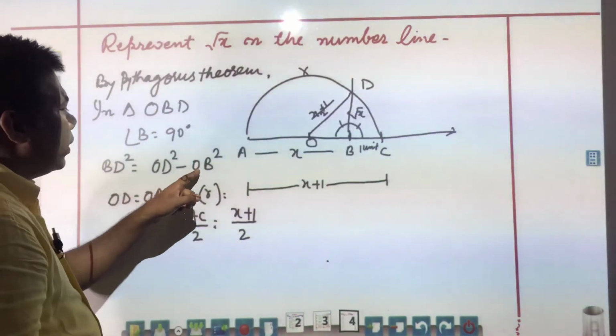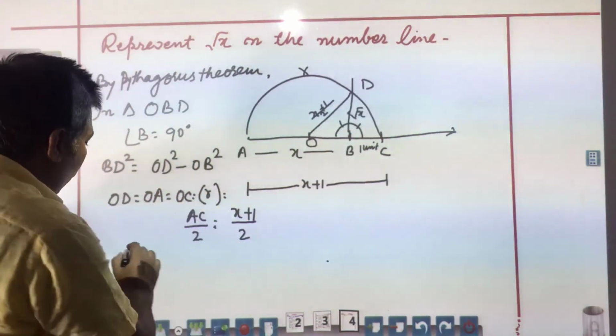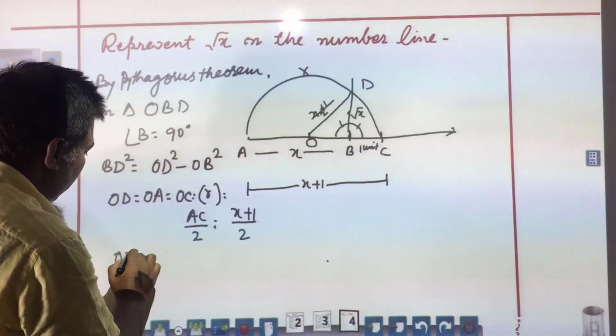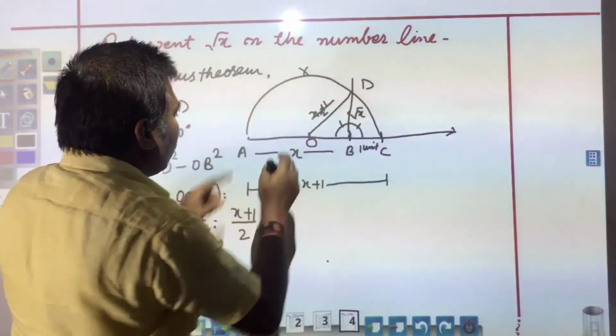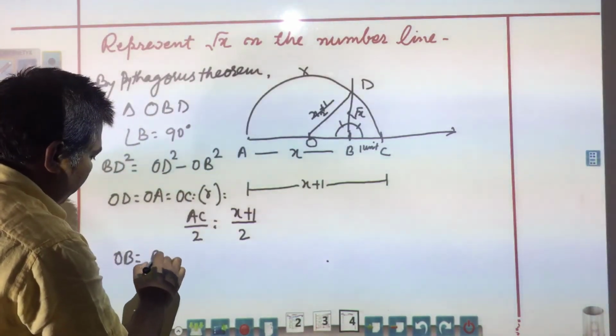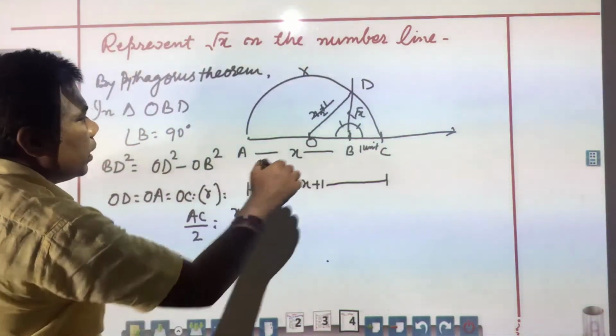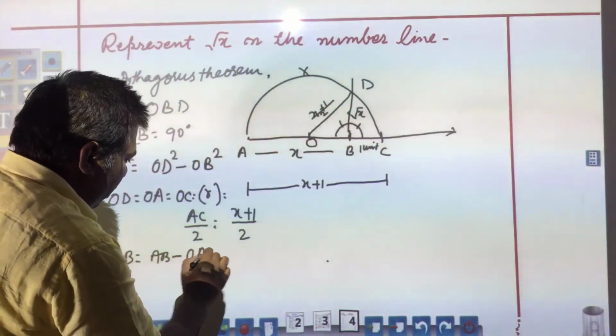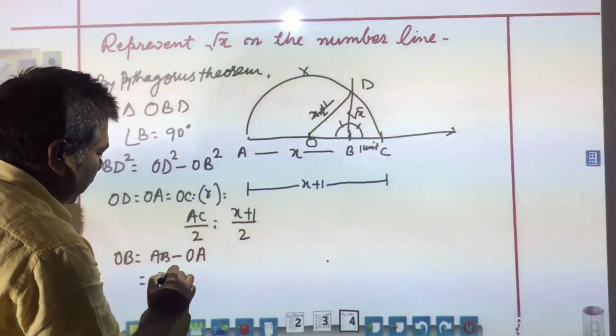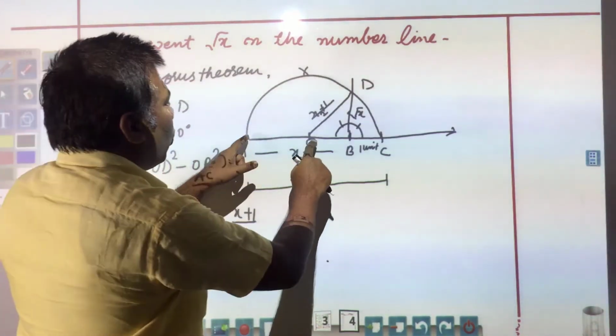Now, you need to find out OB. This OB is equal to AB minus AO, and that will be equal to x minus OA.